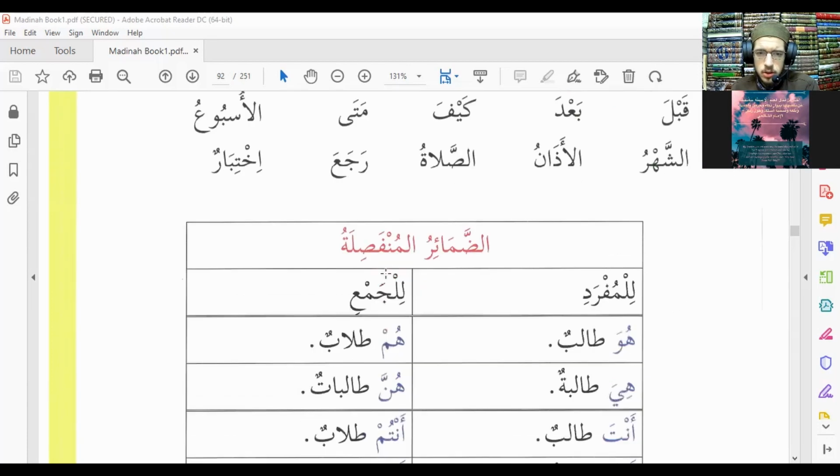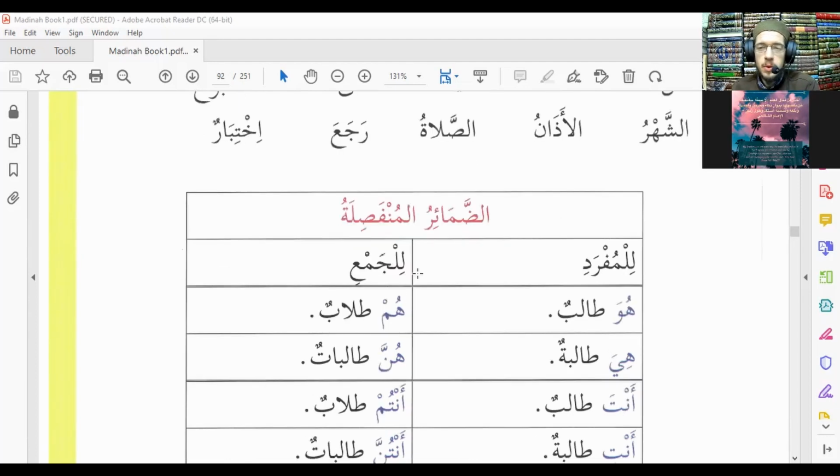الضمائر المنفصلة. So منفصلة is the opposite of متصلة. متصلة is attached pronouns, and منفصلة is detached, separate pronouns, however we would want to say that. But we wouldn't say that in English. We would say the متصلة are either object pronouns or possessive pronouns, whereas the munfasila are subject pronouns.